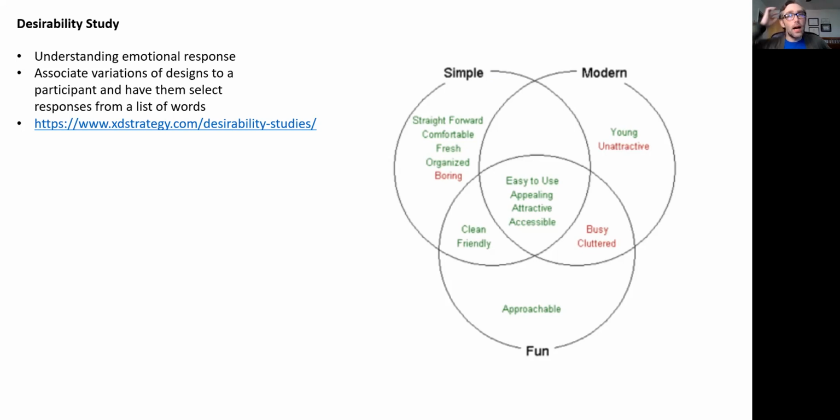It's your list, but it's a list that you need to build that would help you. There are lists out there that you can access. But nevertheless, a desirability study is going to get you exactly where you need to go very, very quickly.